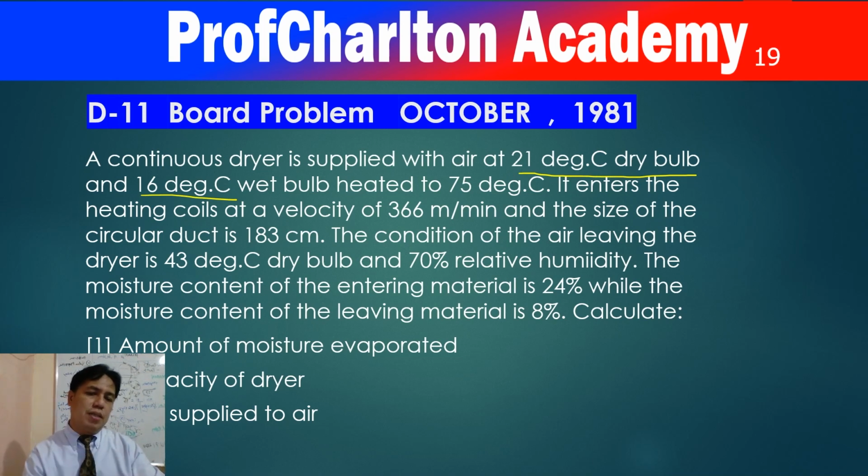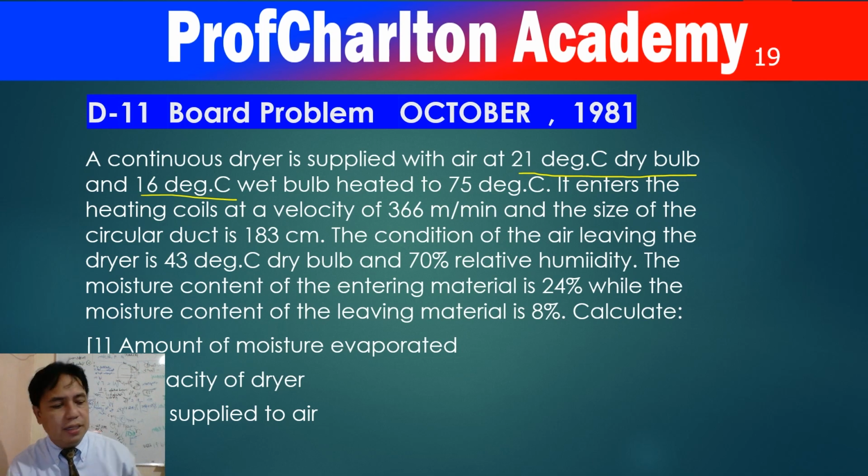As you know, the dry bulb is always higher than the wet bulb unless you are at the saturation point. If you are at the saturation point, the dry bulb and the wet bulb are equal. Then it's heated to 75 degrees centigrade.